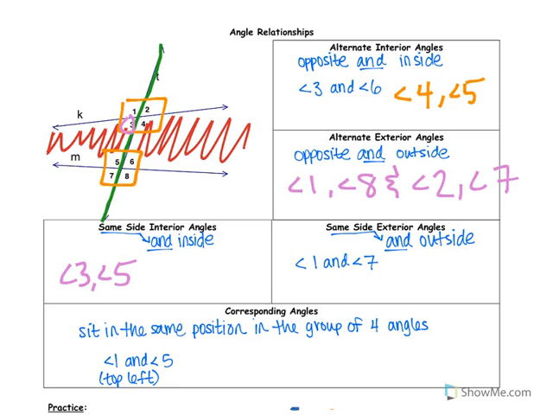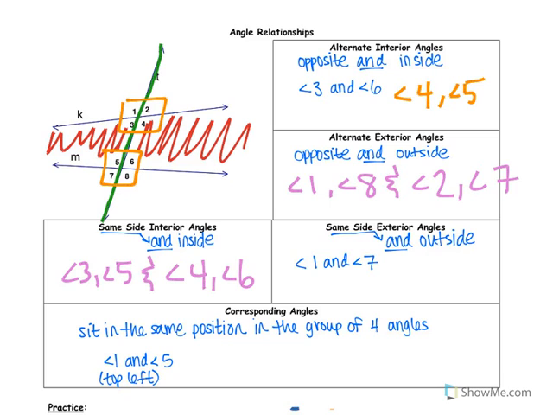That would be angle 5. Okay? So angle 3 goes with angle 5. Sorry, I erased that by accident. And then the other angle, well, I have angle 4 is on the inside, and its same side pair would be angle 6. So angle 4 goes with angle 6.